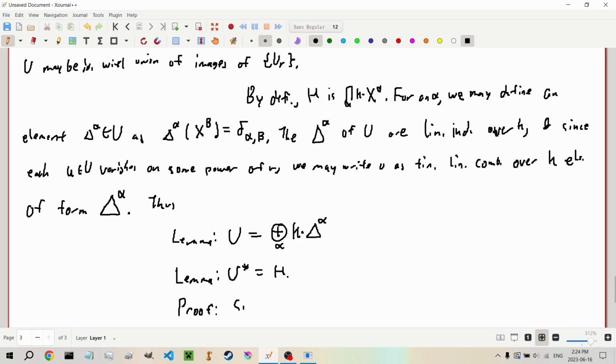Proof: we know that U is inside H star. We have the canonical injection of H into H double star, just evaluating functions at that point, which then has an image in U star.